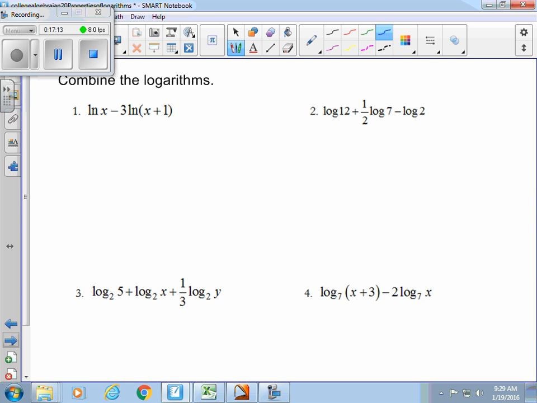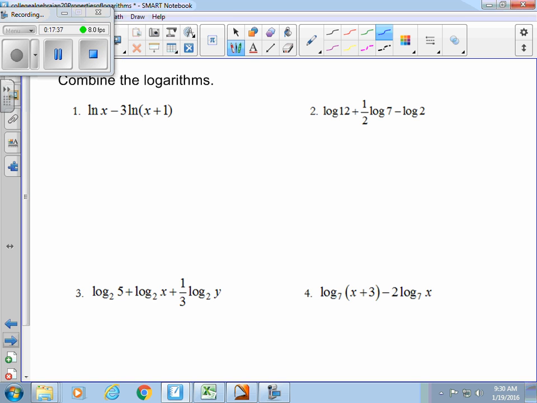Is there a property with a number in front? Yes. What can I rewrite that as? What can I do with that number in front? Where can I move it to? So look at your properties for me. I can move it as an exponent. So everyone agree? Is that the last property on the list? So I can move that to be an exponent based on that last property.